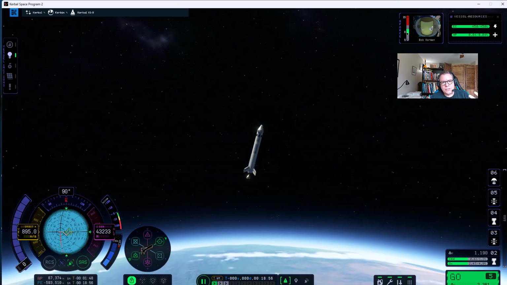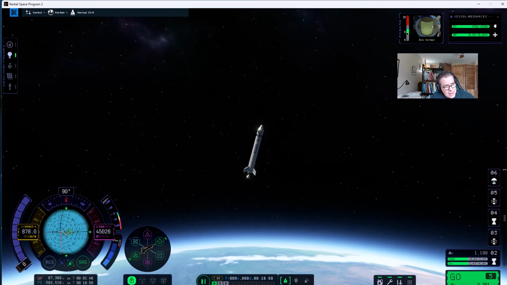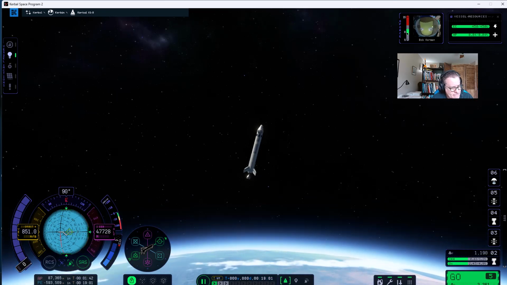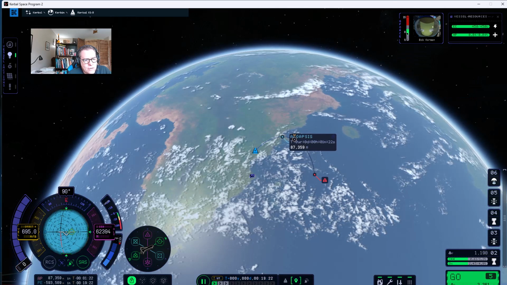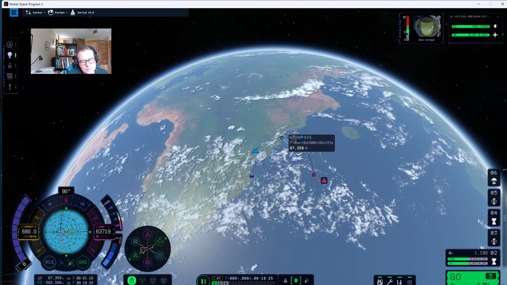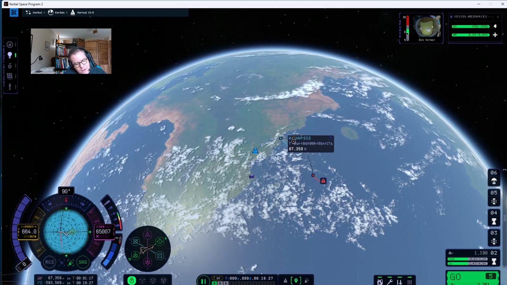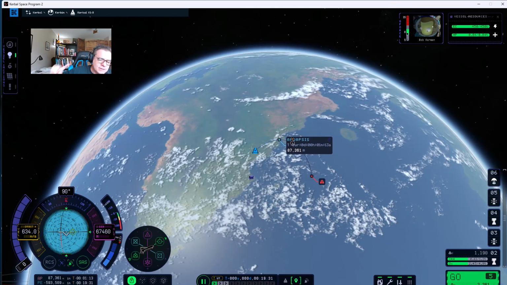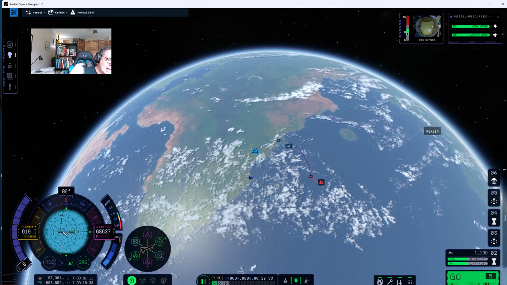Now we can just coast up to the apoapsis and then fire the engines again to get into an elliptical orbit. So around that point, when I reach the apoapsis, as we near that, I'll fire the engines again to increase the periapsis so that we actually have an orbit that's completely outside of the atmosphere.